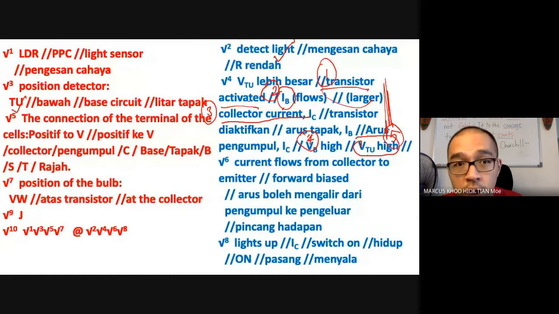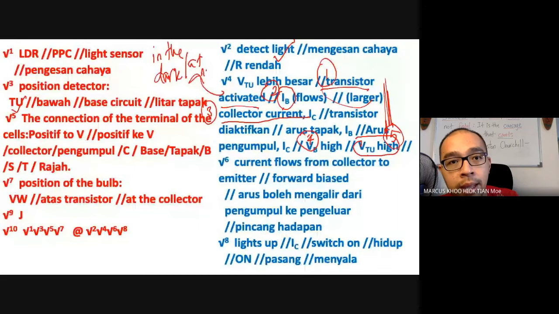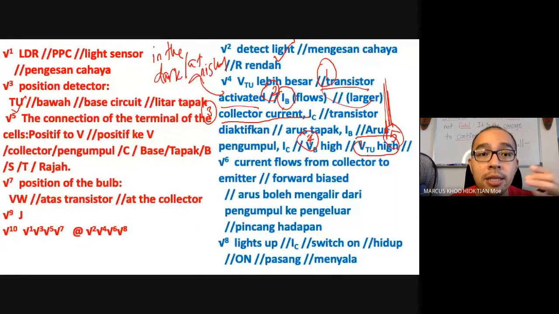Transistor will switch on. Okay, if you put the LDR at the bottom, the transistor is activated, I'm going to say in the dark or at night. You can add this to complete your sentence, to complete your answer. Okay, the transistor is activated at night, and that's why we put the LDR at the base circuit. Okay, at the base circuit.